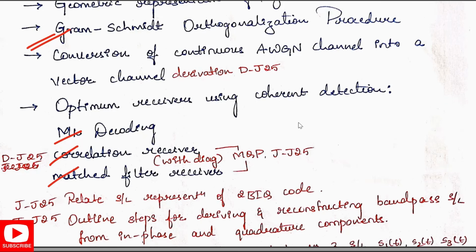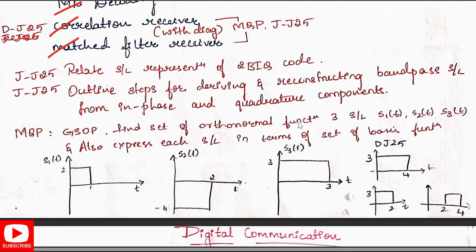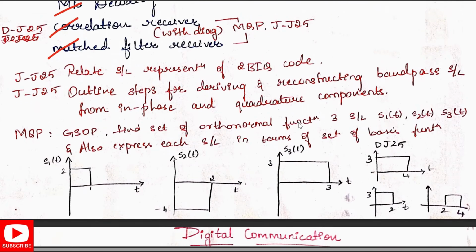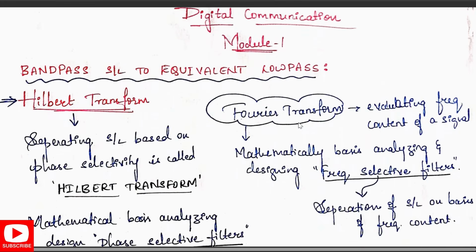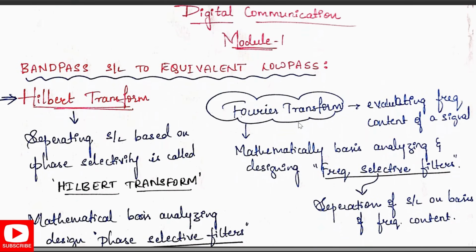These are very important, especially the last two. And next, these are some of the problems that have been asked in the papers as well as in the model question paper. So going ahead with the topic, firstly, bandpass signal to equivalent low pass. Do note that I'm using the short form S_L for the signal and S_B for the symbol in the future videos.